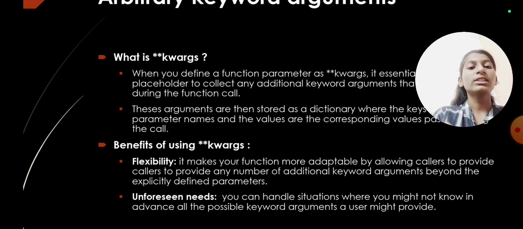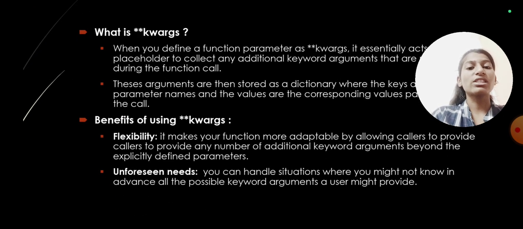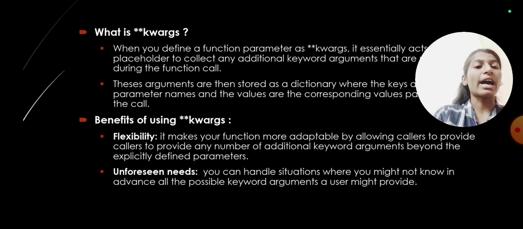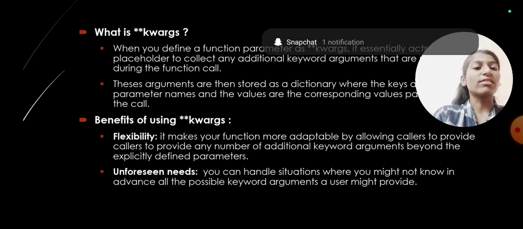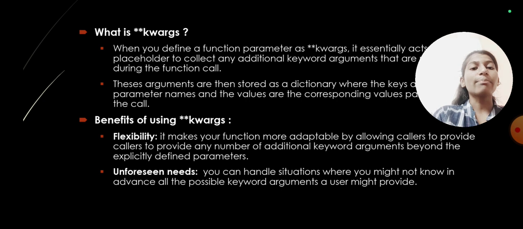Benefits of using **kwargs: for flexibility and for unforeseen needs. For flexibility, it makes your function more adaptable by allowing callers to provide any number of additional keyword arguments beyond explicitly defined parameters.